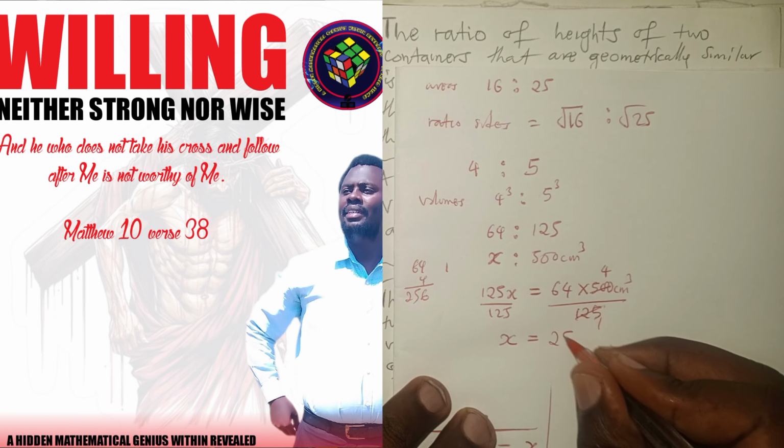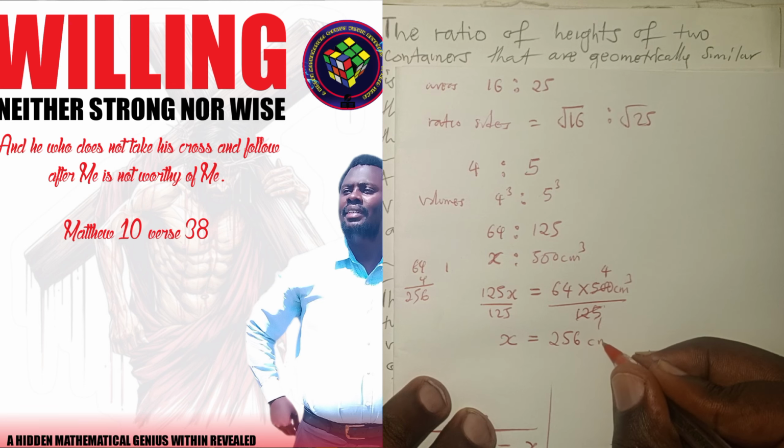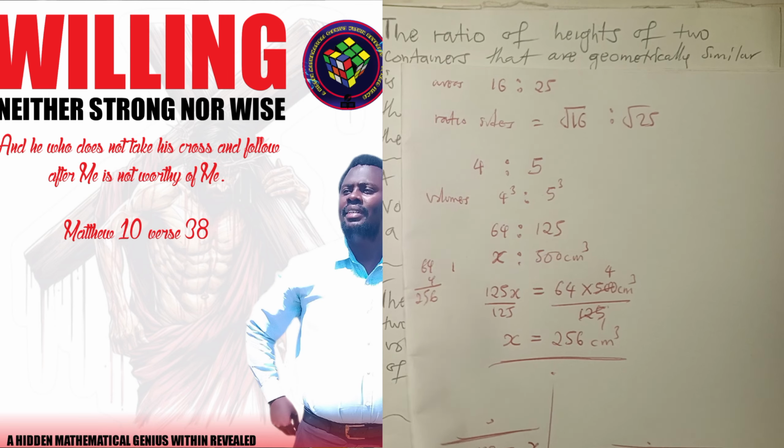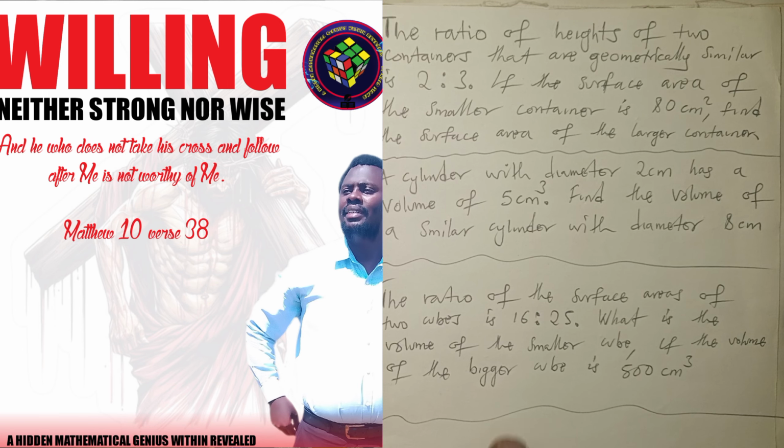So you have 256 cubic centimeters. So that is the volume of the smaller cube. Okay, we go to the next questions.